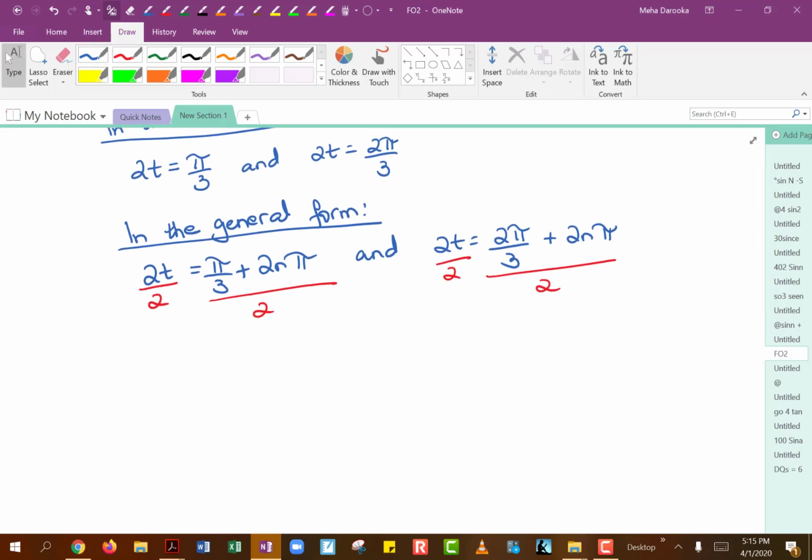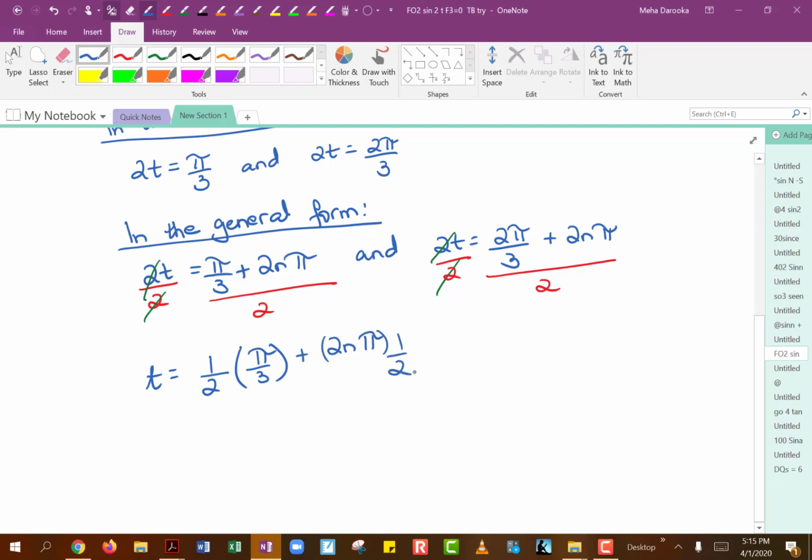Okay, so that means this 2 and 2 will cancel out, and you will end up getting t equals, and remember dividing by 2 is the same thing as multiplying by 1/2.